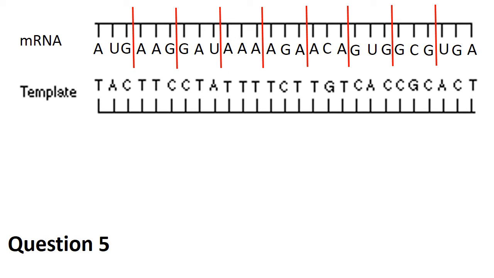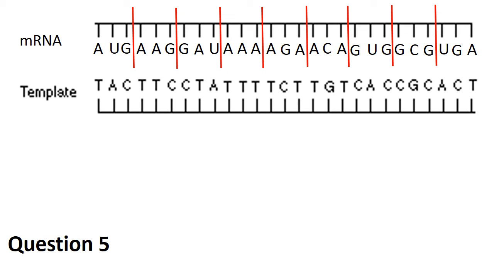So for question number 5, and then later question number 6, which you will do on your own, there is a mutation. A point mutation takes place. And so the idea here is to see how this amino acid chain, how this protein may or may not be changed compared to the point mutations that took place.